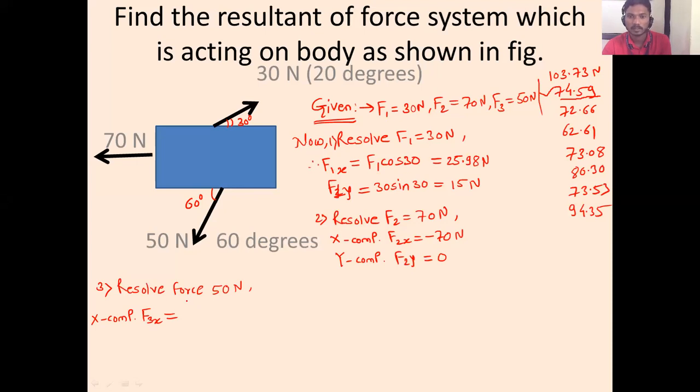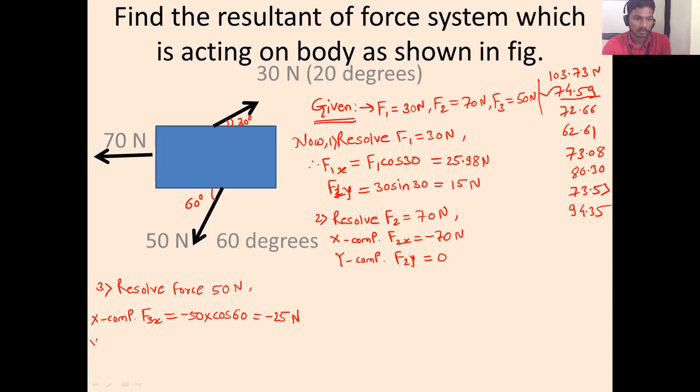So what will be its x component and y component? Both will be negative. F3x is minus 50 into cos 60. Calculate. Minus 25 Newton. Okay.